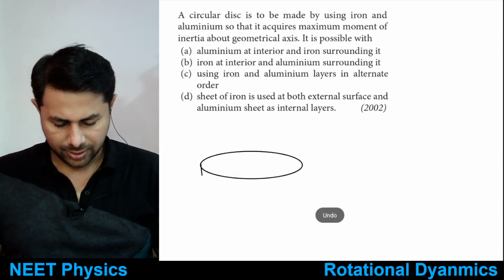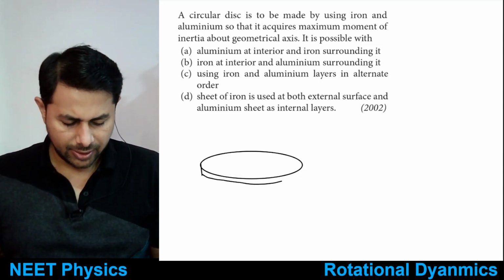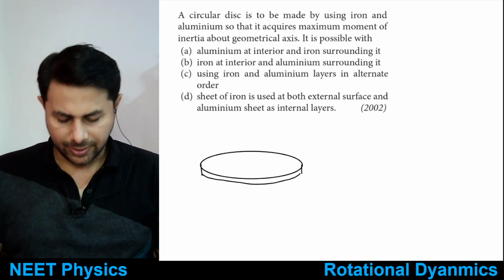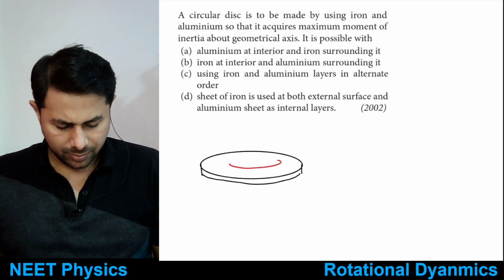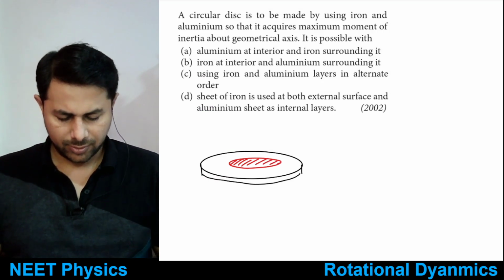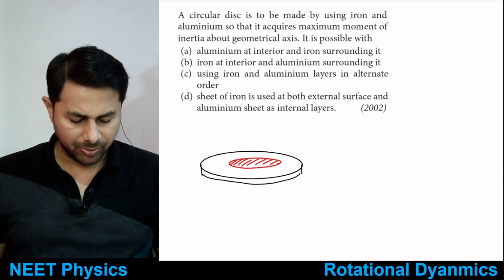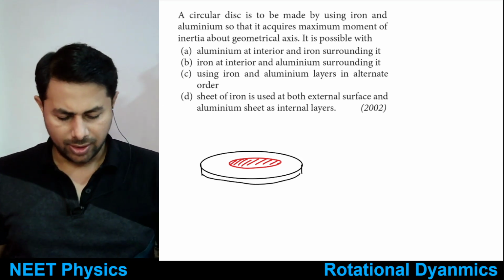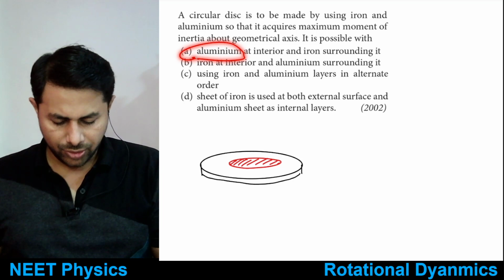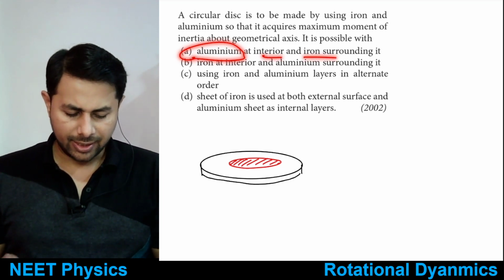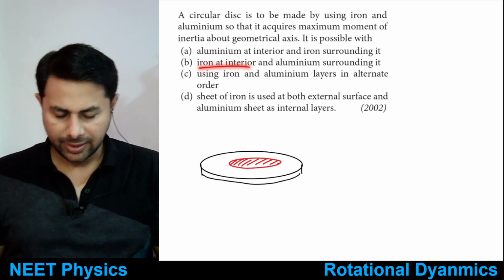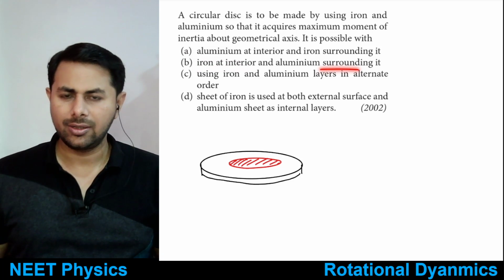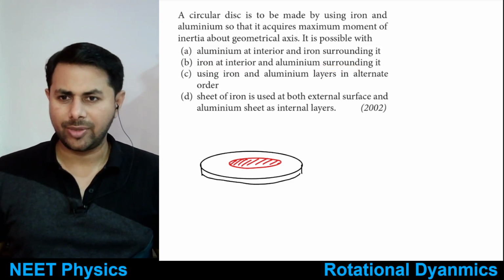So this one is a disc made up of iron and aluminum, and you want its moment of inertia to be maximum. So should you keep aluminum at the interior and iron surrounding it, or otherwise, that means iron at the interior and aluminum surrounding it, so that you have maximum moment of inertia?